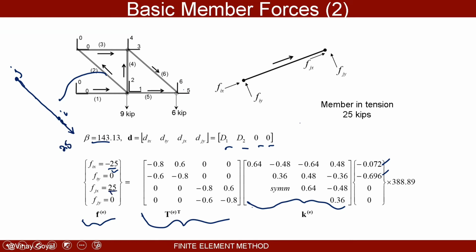The convention is this for positive. So if it's negative, that means it goes away from the node for node I. But if it's positive for node J, it's correct. That's the convention I have. And you can see that it's pulling that truss apart. And that is correct.